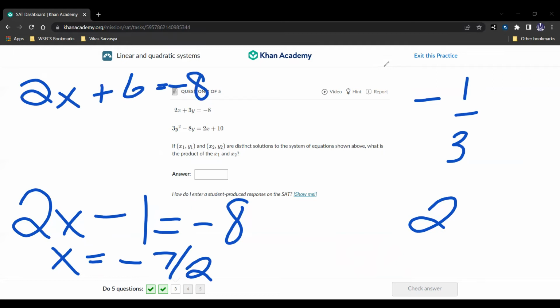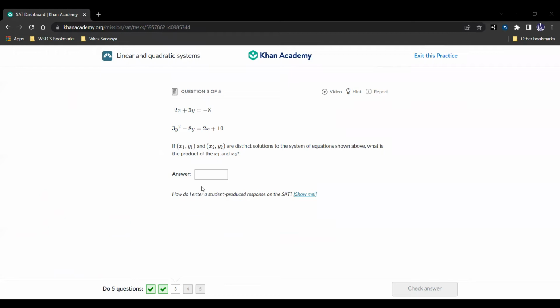So we subtract the 6 off, we get 2x is negative 14 and x is negative 7. So x is negative 7 and x is negative 7 halves. The product of those is going to be 49 over 2. And that's our answer, 49 over 2.